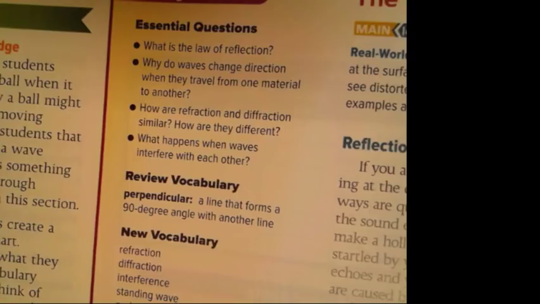On our vocabulary, we need to remember the words parallel and perpendicular, because that's going to be talking about the way and the direction of the force and the way the angles of everything work. Okay, so a perpendicular line, if you remember, is a line that forms a 90-degree angle with another line.